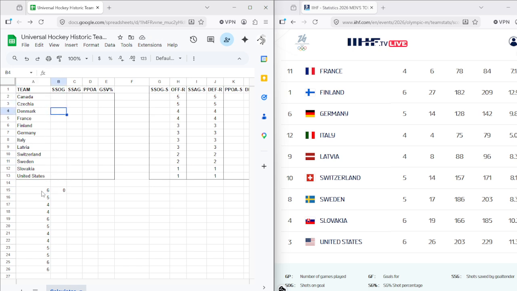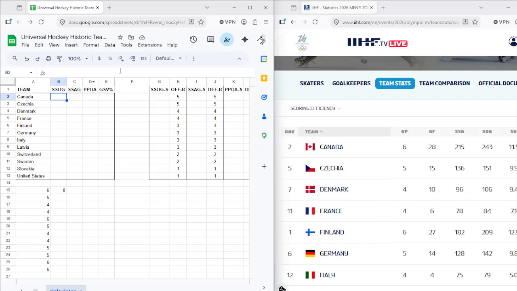Okay, so in order to convert this, and you shouldn't need to do this normally, that way we can keep filling it out up here. So that way Canada's 243 shots on goal over 6 games comes out to 40 shots per game. We're going to do it like that. Let's keep column A the same. Do that again.